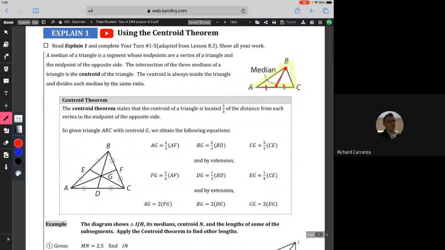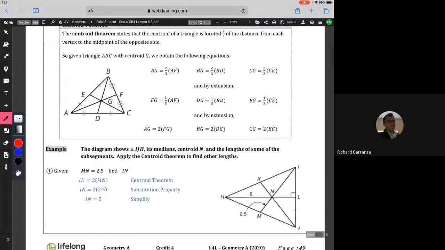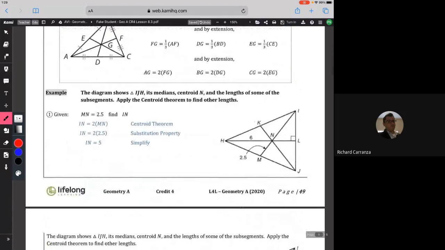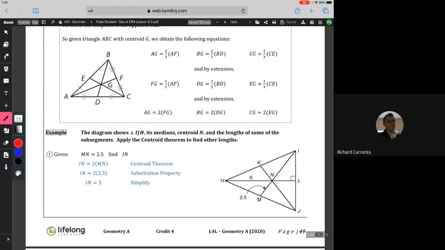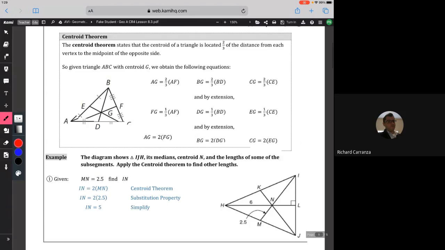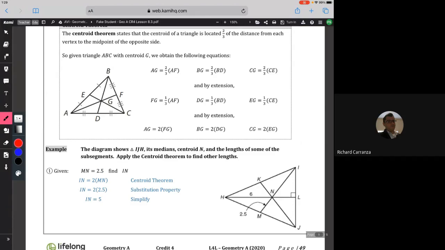And guess what? They cut a triangle and they found all 3 medians. And then you could notice a couple of things that are happening when you do that. So it says the centroid theorem states that the centroid of a triangle is located 2/3 of the distance from the vertex to each opposite side.